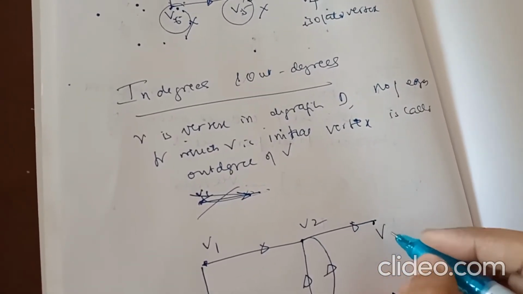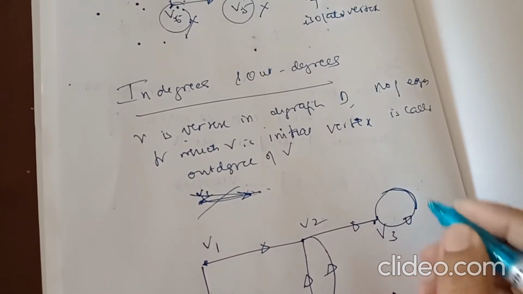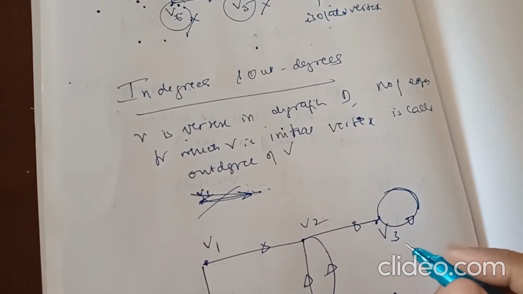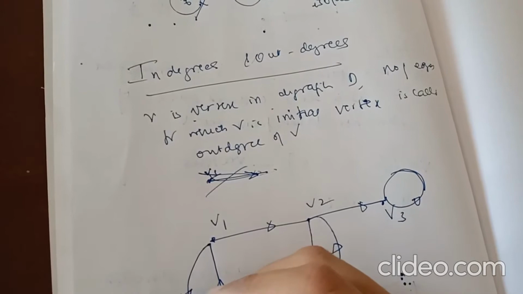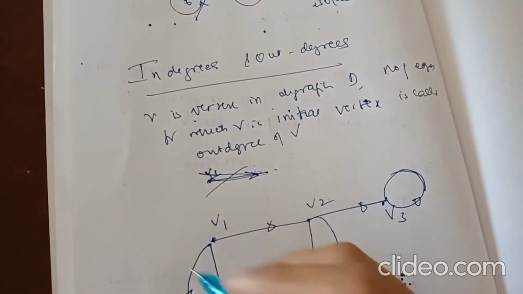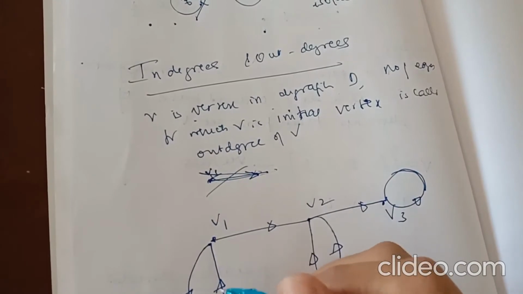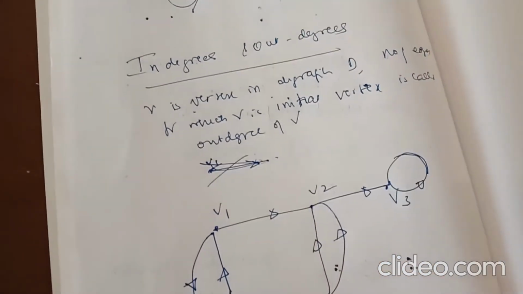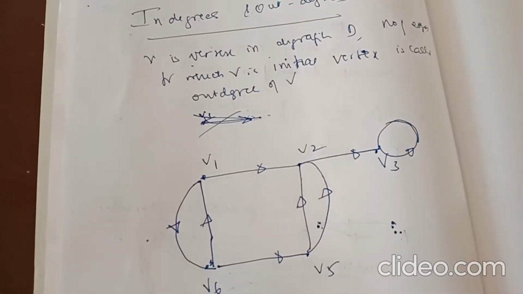Then we have a self loop. Here it is, vertex V3, a self loop or a directed loop. Next here we have again multiple directed edges. So let's take this example.